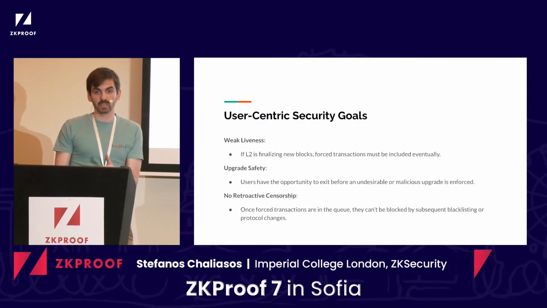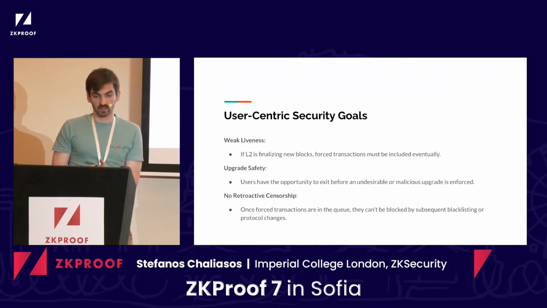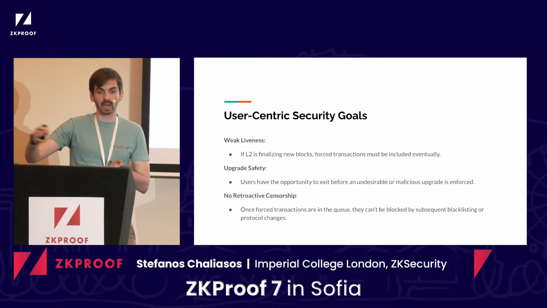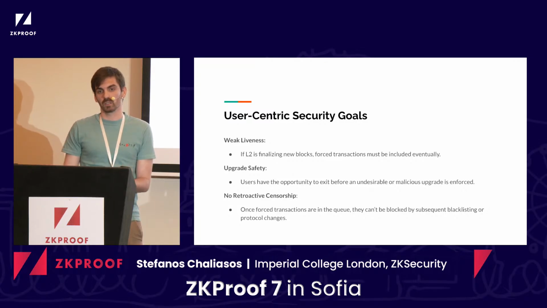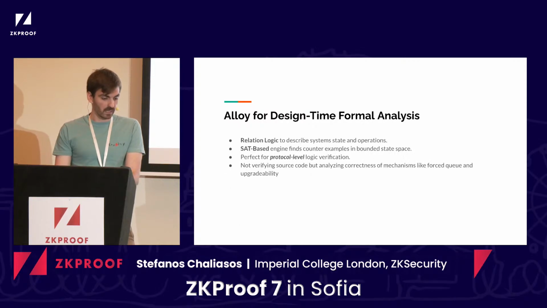And finally, we don't have retroactive censorship, which means that once forced transactions are in the queue, we cannot blacklist them, we cannot censor them, we must process them. And we will see why that is important.